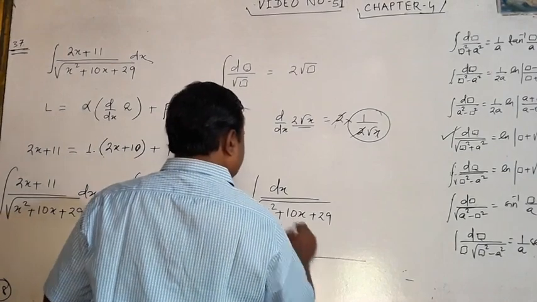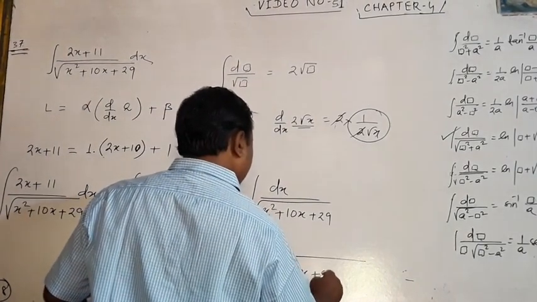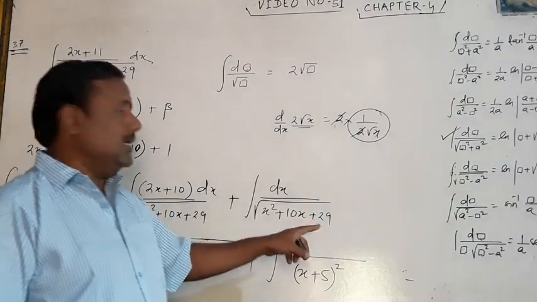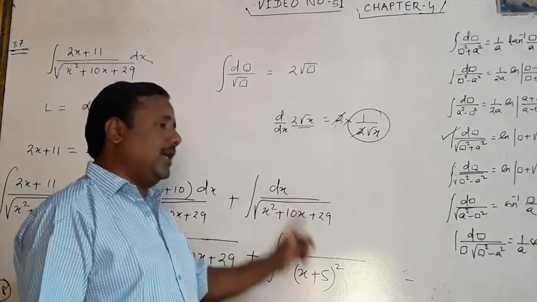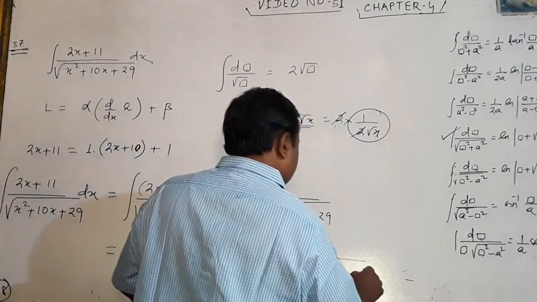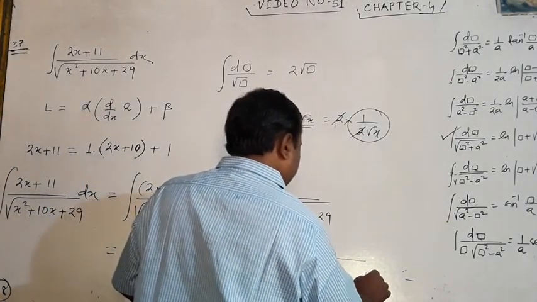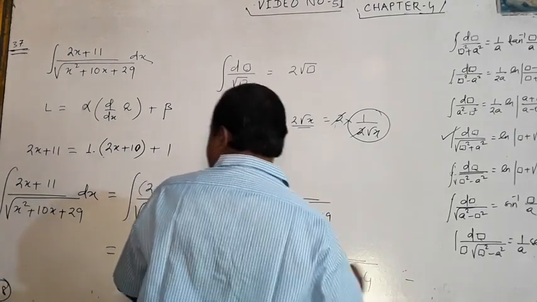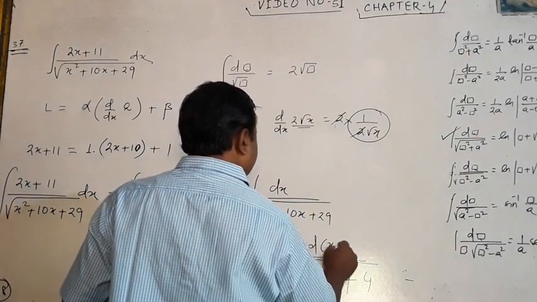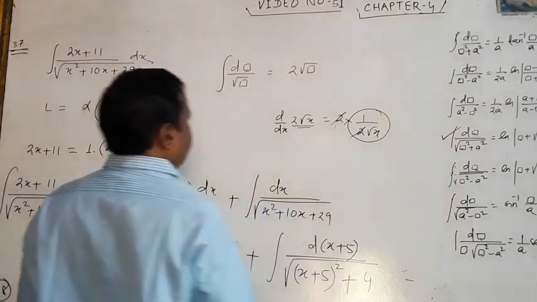It is (x plus 5) whole square, because it is x square plus 10x, and 10x means 2 into 5 into x. So it is root over of (x plus 5) square plus 4 square. And in place of dx, I can write the derivative of x plus 5.